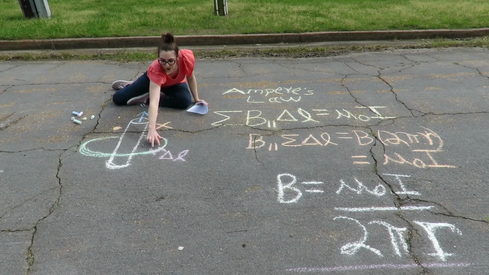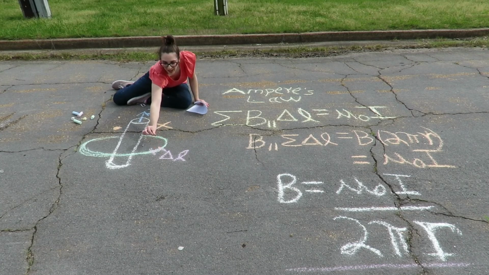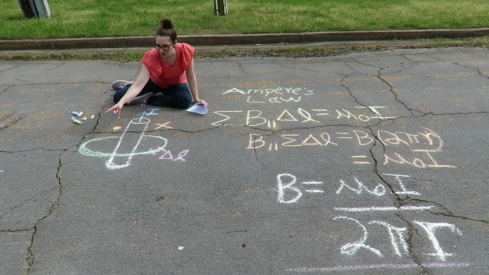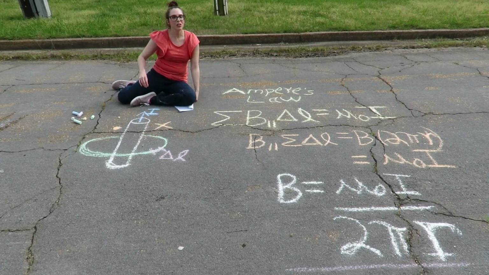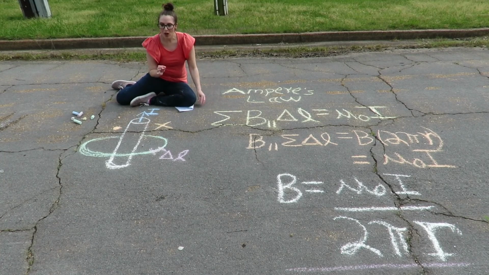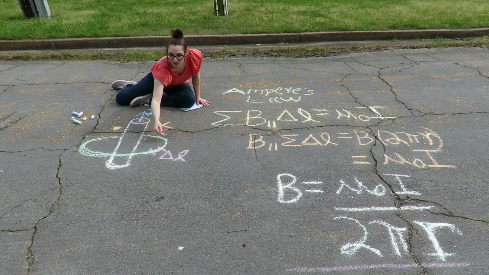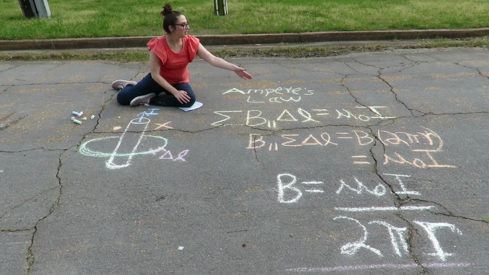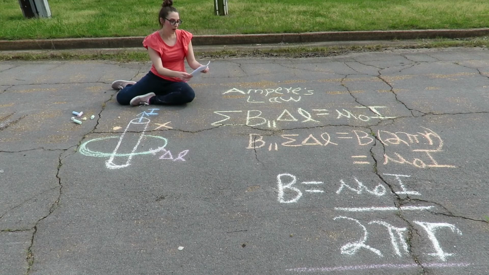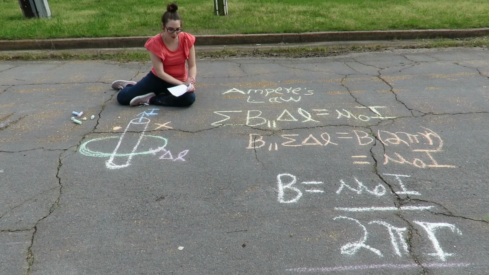We can define little length segments along this circle, and each tiny segment we can represent as delta L. Ampere's Law tells us that the sum of all of the magnetic field that is parallel to this length segment, around some closed path, has to equal a quantity we call mu sub zero, the constant permeability of free space, times the current running through our wire.